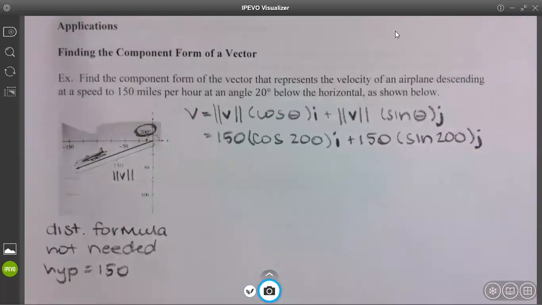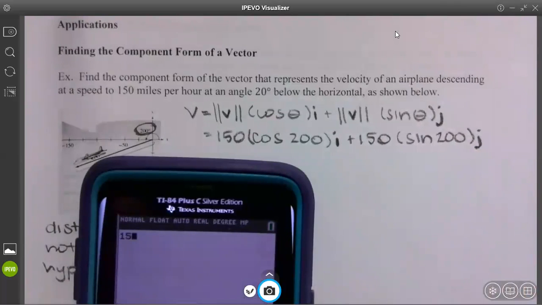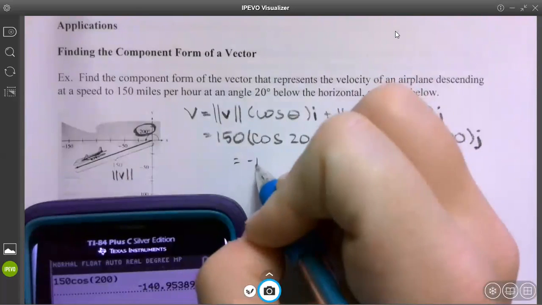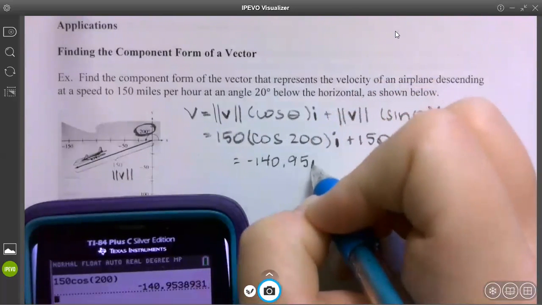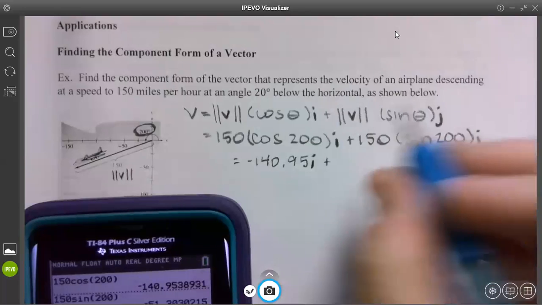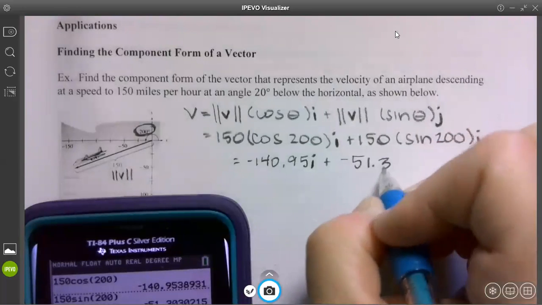When you put that in your calculator, 150 cosine 200 gives you negative 140.95. And then we have that I, 150 sine 200 gives you negative 51.30.